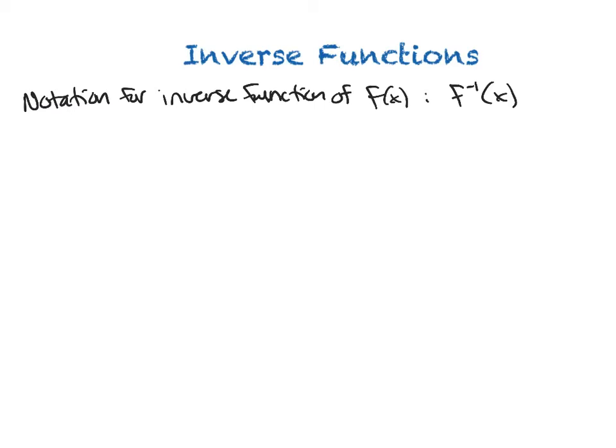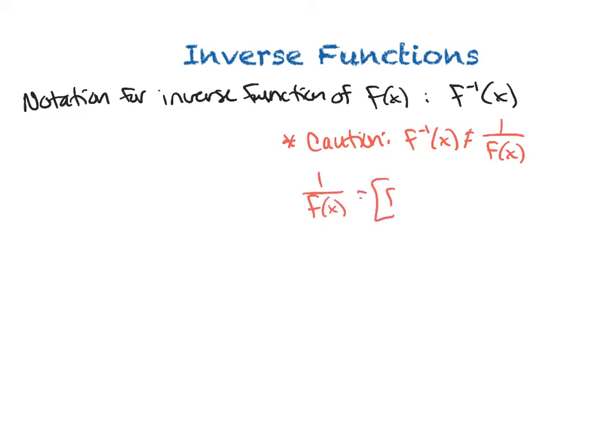But one thing that's really important is be careful. F inverse of x with that -1 in the exponent position is not -1 as an exponent. It doesn't mean 1 over. That would be 1 over f of x, written with a bracket f of x and then a -1 on the outside.